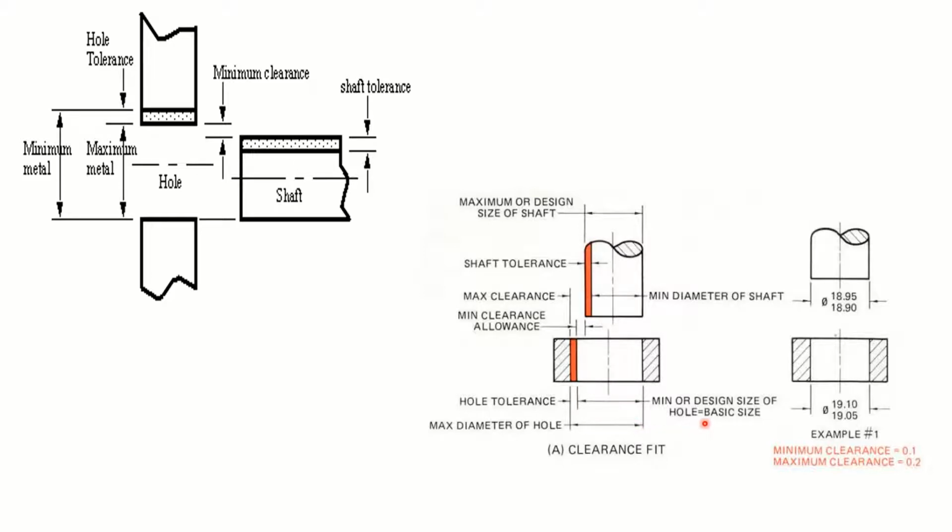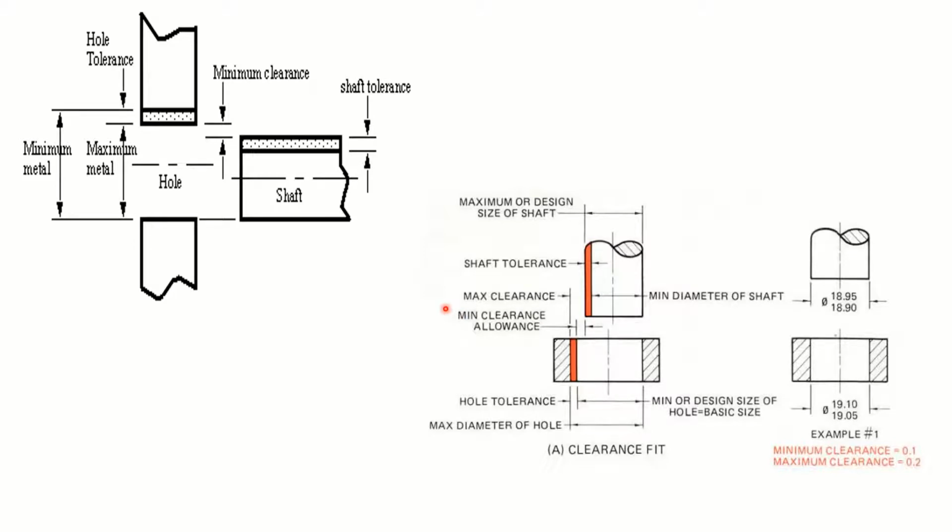The minimum dimension of the hole equals the basic size, which means we are using the hole basis system. As the definition says, the minimum dimension of the hole is always larger than the maximum dimension of the shaft, and the pictorial representation makes this very clear.